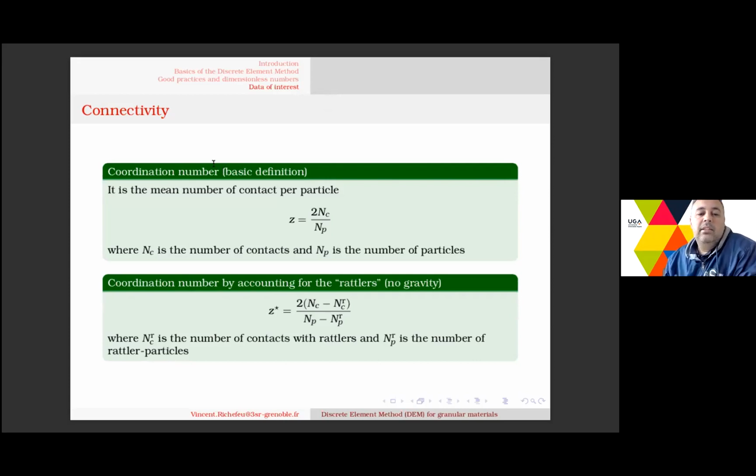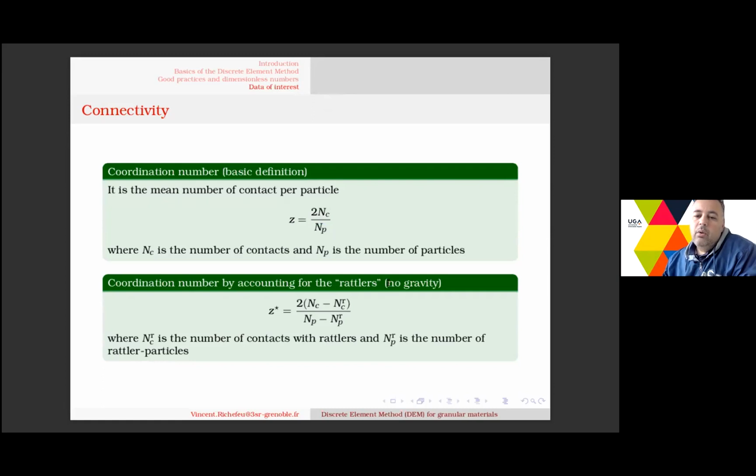This is the mean number of contacts that each particle has. By definition, it is often noted Z. Since one contact acts between two particles, it is two times the number of contacts divided by the number of particles.